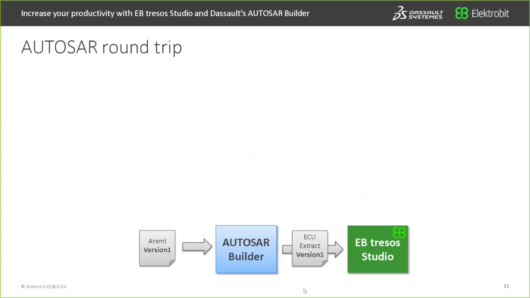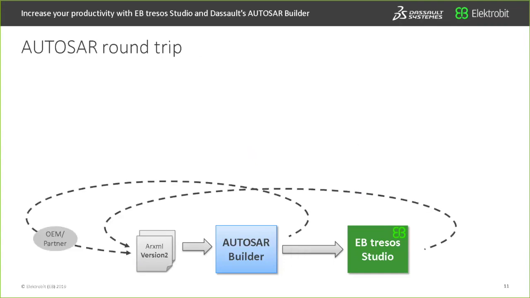And again, once you're finished, you generate your extract and hand it over to EB tresos Studio to configure your basic software. But now there are cases where you might introduce some changes, like, for example, on the basic software configuration side, you decide that you modify a service interface by adding, for example, an additional service.